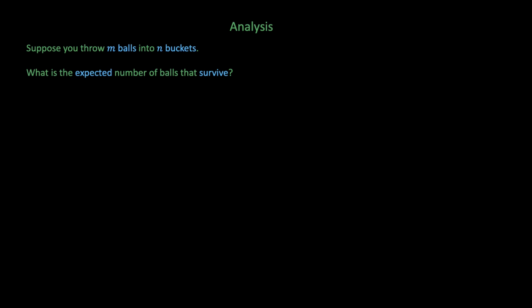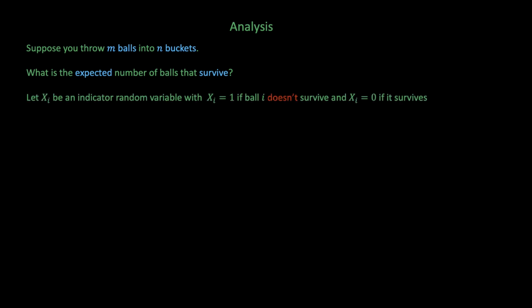Well, let's set an indicator variable Xi, which is 1 if ball i does not survive, and 0 if it survives. Then the expectation of Xi is simply the probability that ball i does not survive, or probability of Xi equals 1, which is ((n minus 1) over n) to the power of m minus 1.